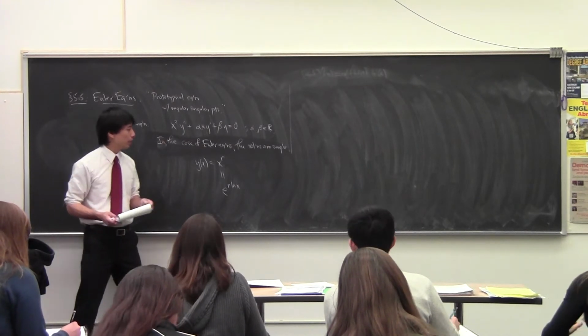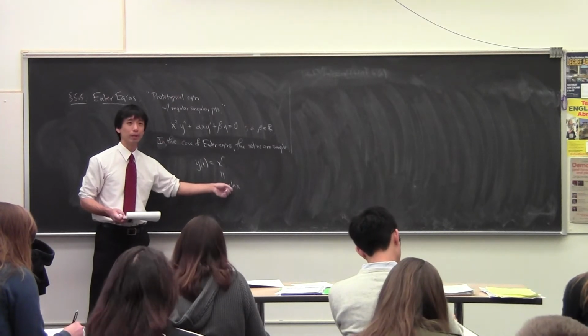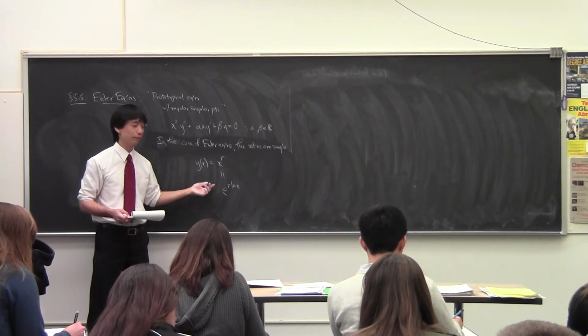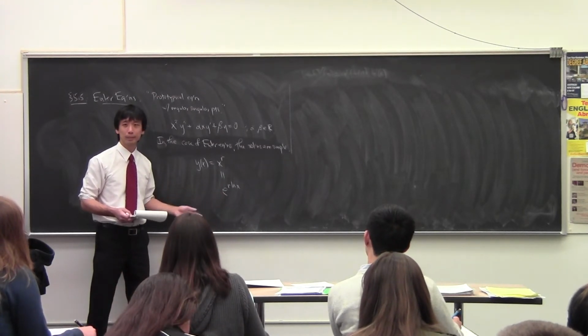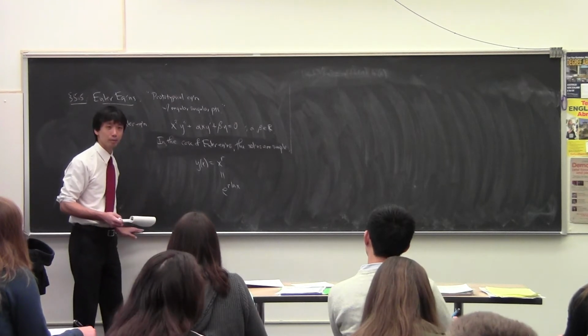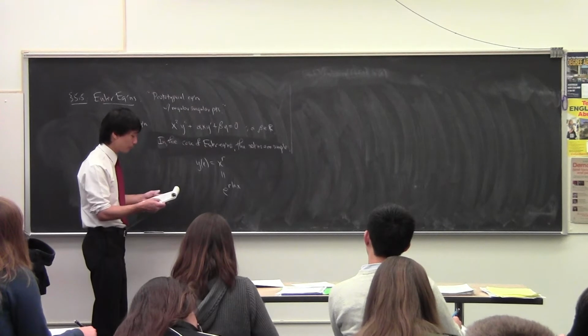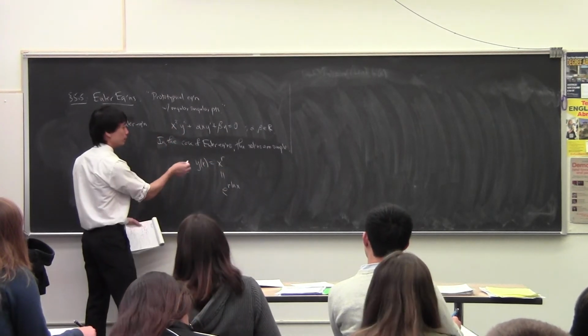If r is an irrational number, you're taking x to an irrational number. How do you define that? Well, you use the exponential function, in case you haven't seen it or you forgot. So it turns out the solution is simple.